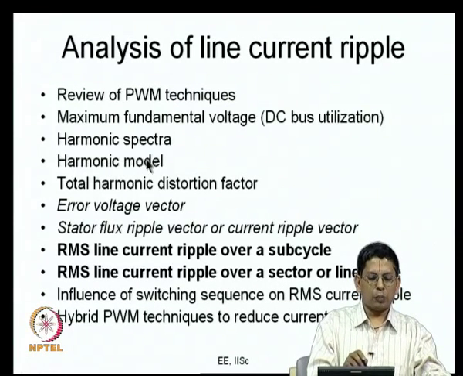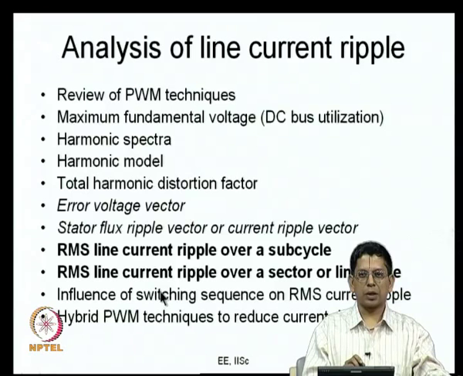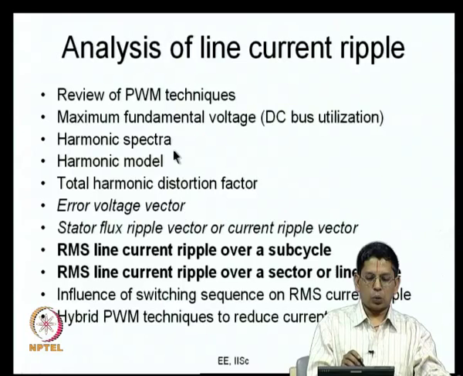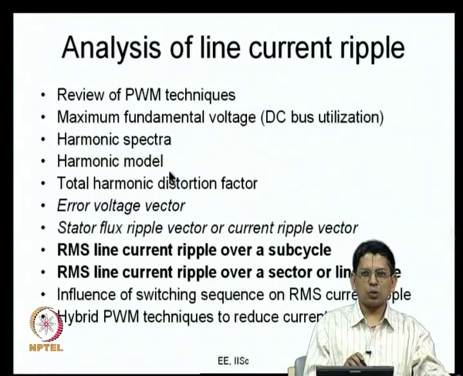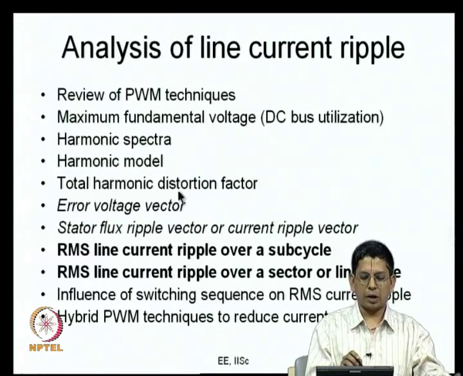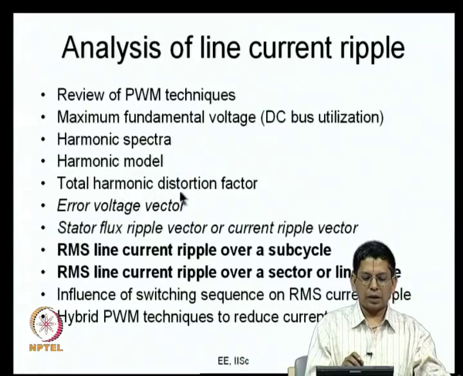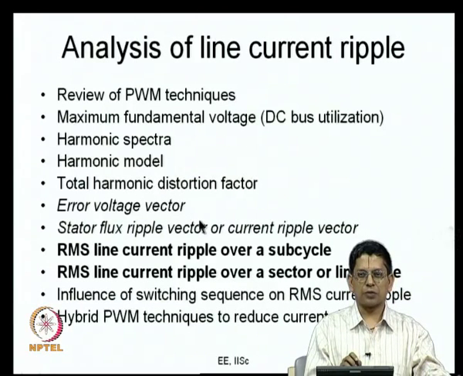We looked at the typical harmonic spectra of the different PWM waveforms, with sinusoidal PWM or conventional space vector PWM, etc. As I told you, our focus is not so much on the harmonic spectra, and I gave you some references where the harmonic spectra are discussed in much greater detail. And we looked at the harmonic model and the total harmonic distortion factor.